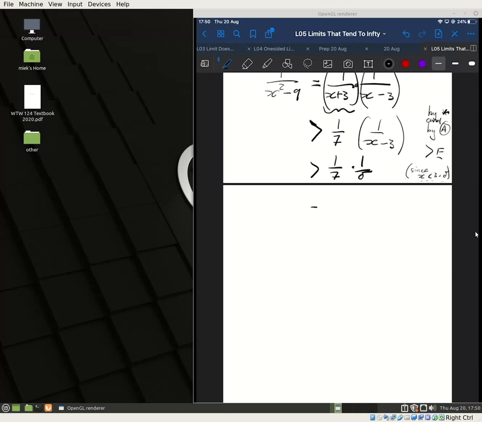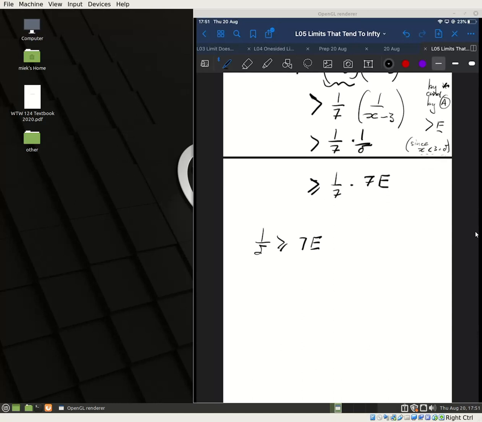So remember, we want to get this thing greater than or equal to, and what do we want? We now want here to be a 7e. So let's just think, what should delta be to have this 1 over delta greater than 7e? So let us see, let's multiply by delta, divide by e.